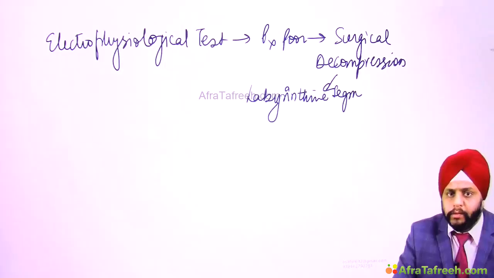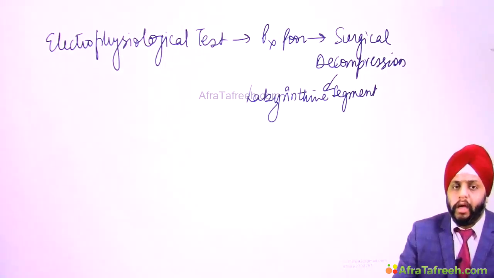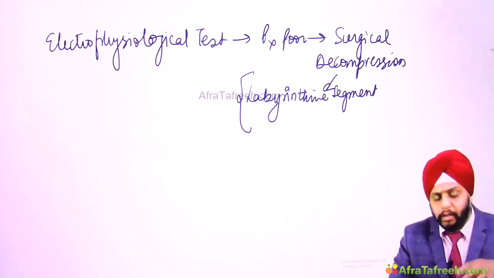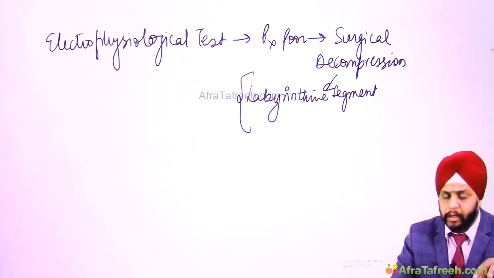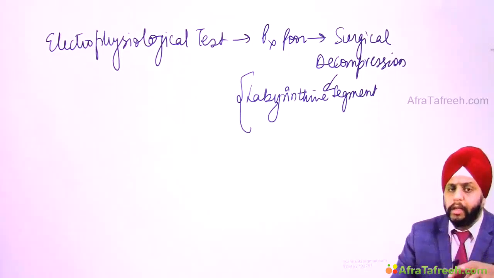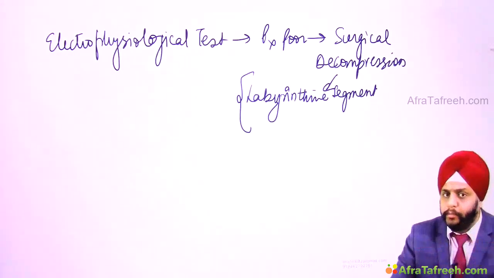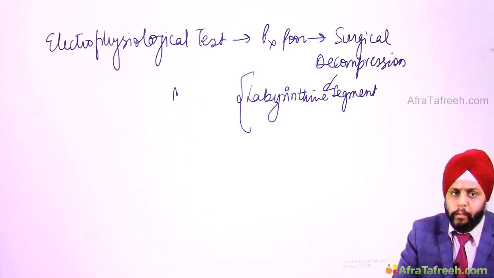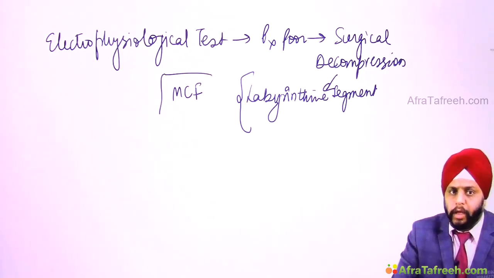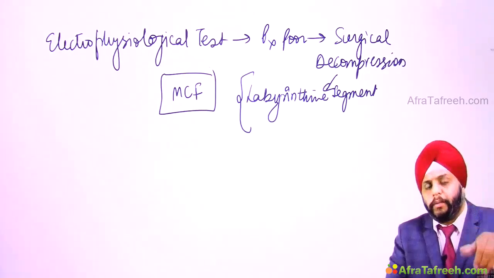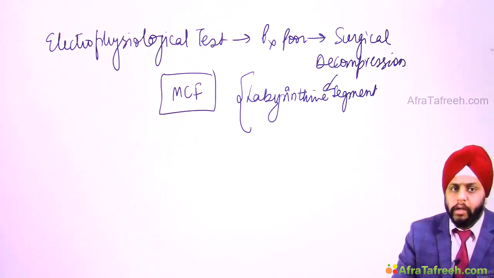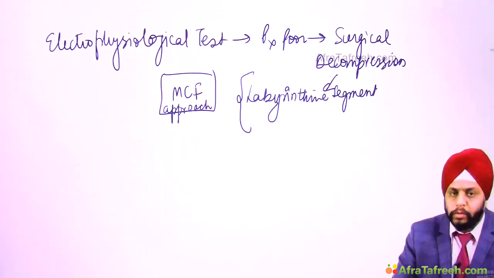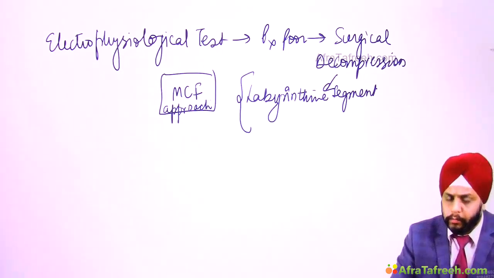The facial nerve is compressed in the labyrinthine segment, but the external ear, the middle ear, the inner ear are all fine. You don't want to damage that. So what will you do? You will go through the middle cranial fossa and directly reach the labyrinthine segment. This is known as the middle cranial fossa approach to decompress the labyrinthine segment of the facial nerve.